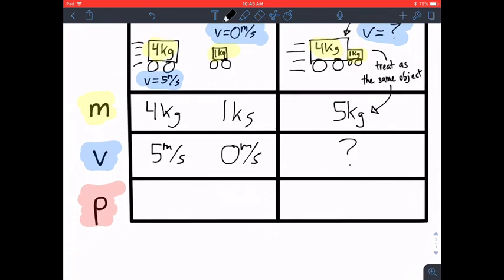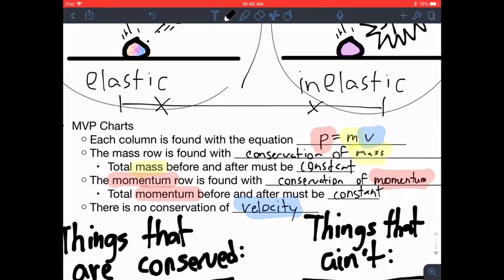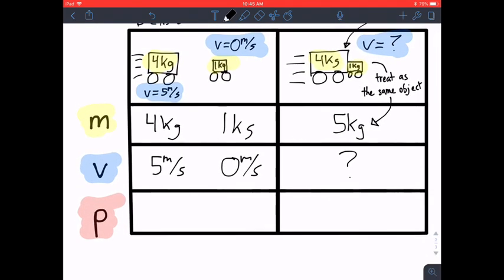Okay. Now that we have all of that figured out, the next thing we need to think about is how we solve for things in columns. And so we've got this whole thing that we filled out here. The first piece of advice is that each column is found with the equation momentum equals mass times velocity. So we can take the mass row and multiply it by the velocity row to get the momentum.